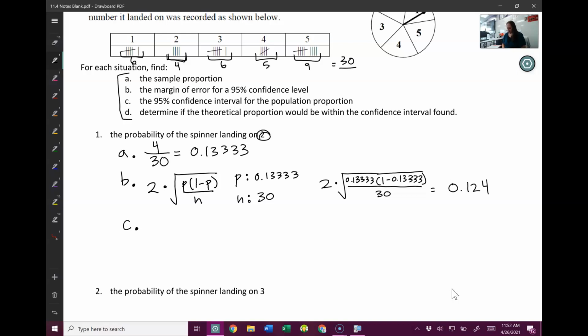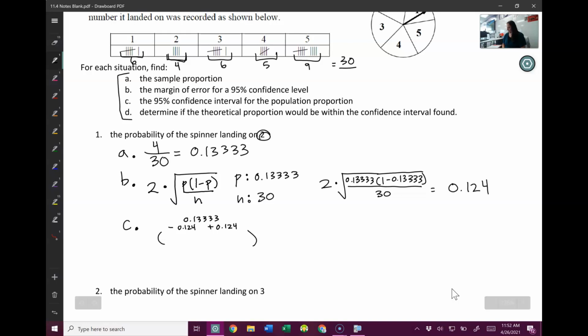So to take my confidence interval, I take my sample proportion, and I'm going to add and subtract my margin of error. And it's going to make an interval.